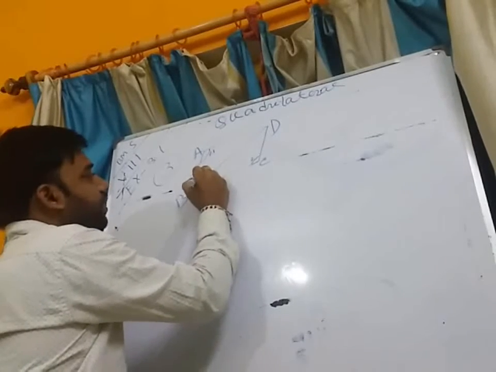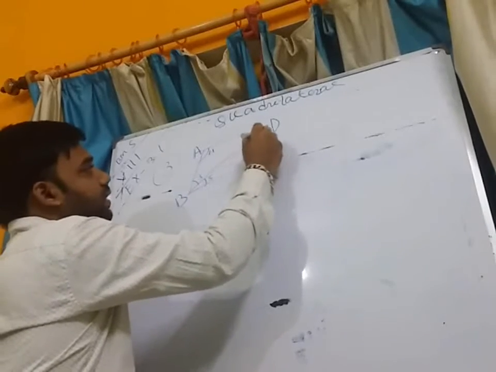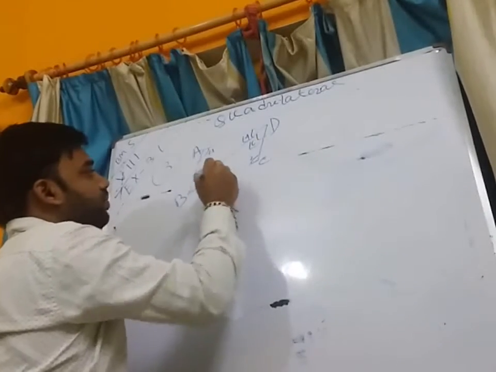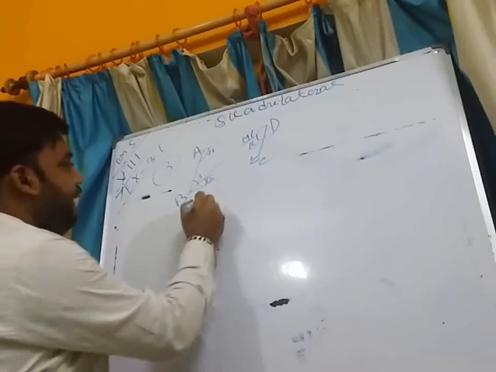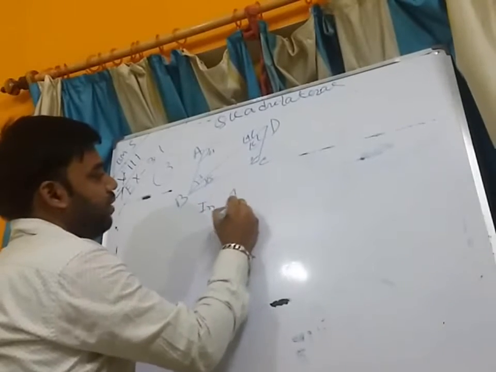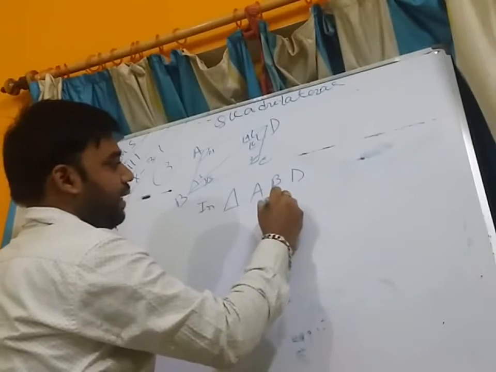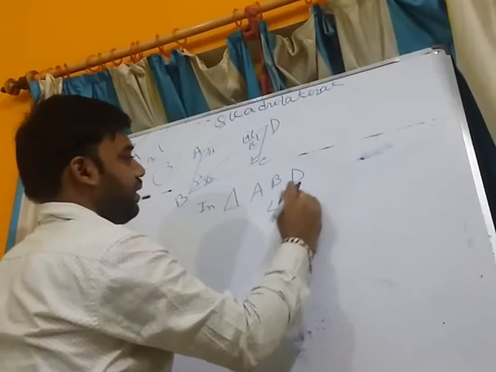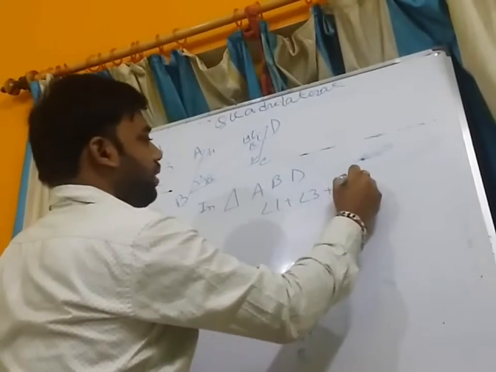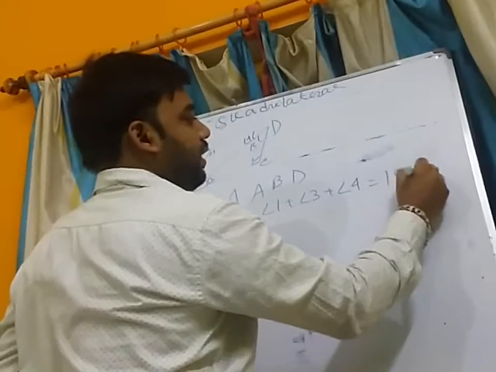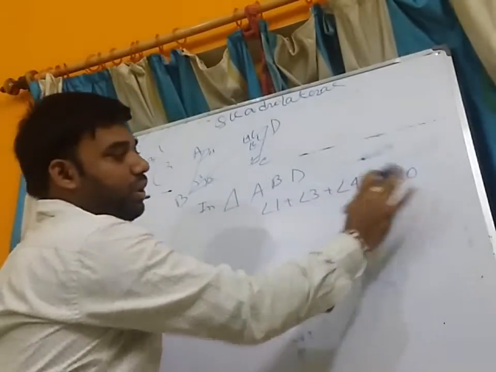Taking this angle 3 and this angle 4, this is 5 and this is angle 6. These are the angles. Now in triangle ABD, angle A, that is angle 1, plus angle 3 plus angle 4 equals 180 degrees, by the angle sum property, because ABD is a triangle.